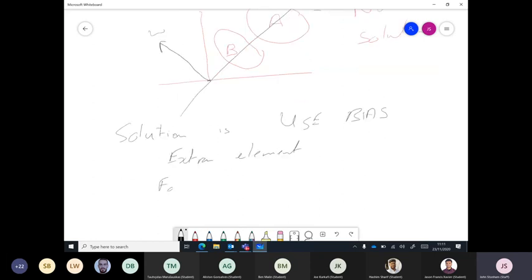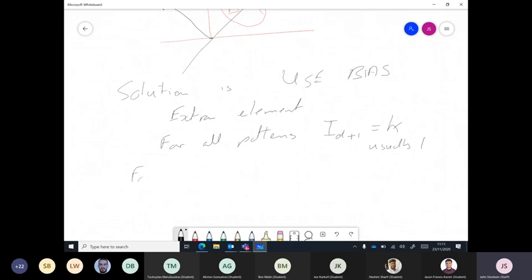For all patterns, let's call that extra element I D plus 1, where D is the dimensionality, is equal to a constant, usually 1. But for the weight vector, W D plus 1 is a real number.